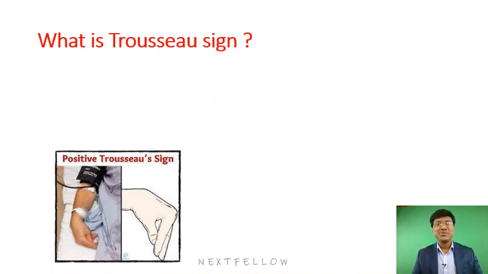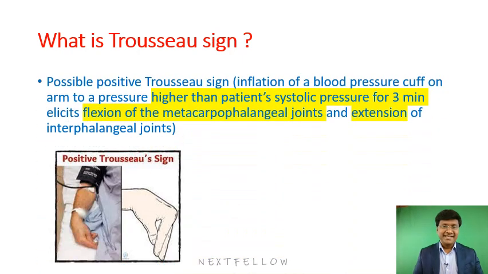Next, you need to know what is the Trousseau sign. So what is this Trousseau sign? You need to apply the BP cuff and inflate the blood pressure within the cuff above the systolic blood pressure, and you need to keep the cuff above the systolic blood pressure for nearly around 3 minutes. And what will you observe?